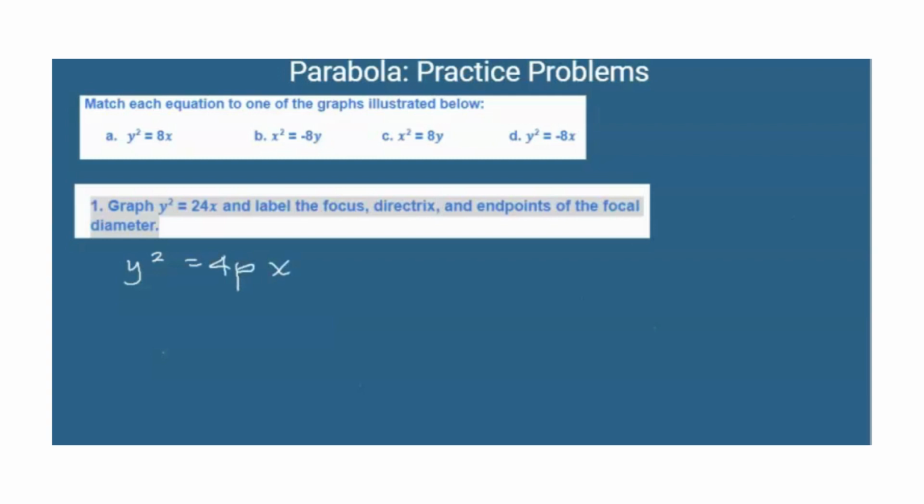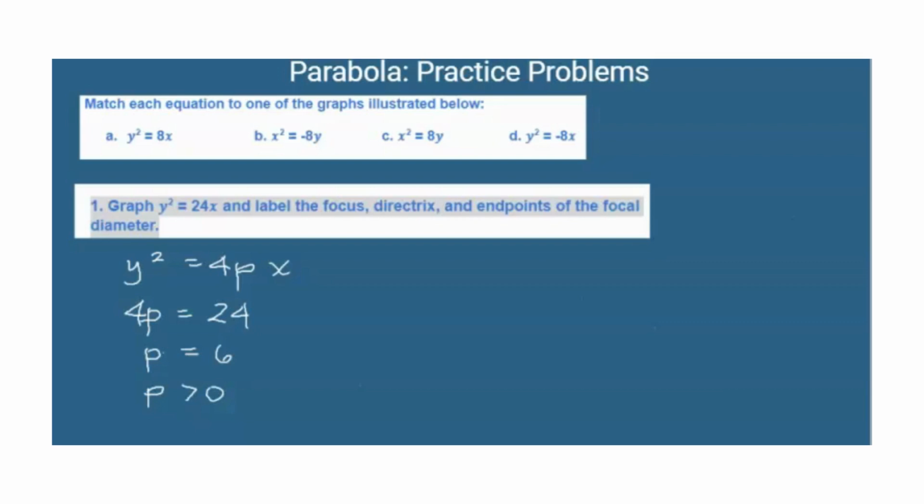So the axis of symmetry is the x-axis. Let's solve for our p. So 4p is equal to 24, so p is equal to 6. Since p is greater than 0, the parabola opens right.